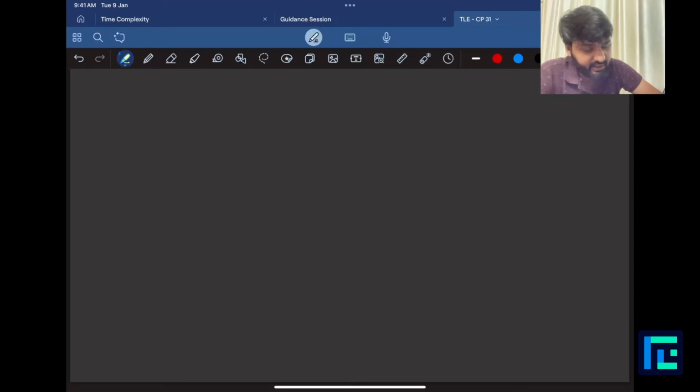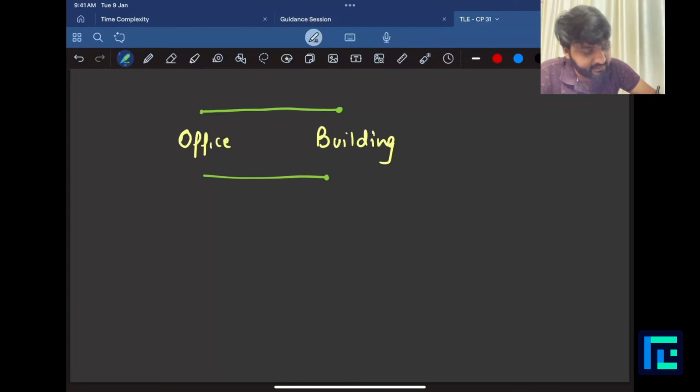You can see this like this. For example, if this is the location where your office is, and this is where you place the building, the time taken to go from here to here and then back, the sum of these two segments, let's say is D. And then this D gets multiplied with how many times you visit it.